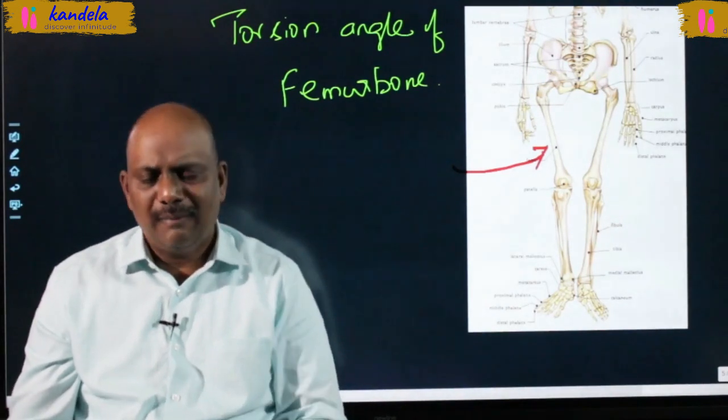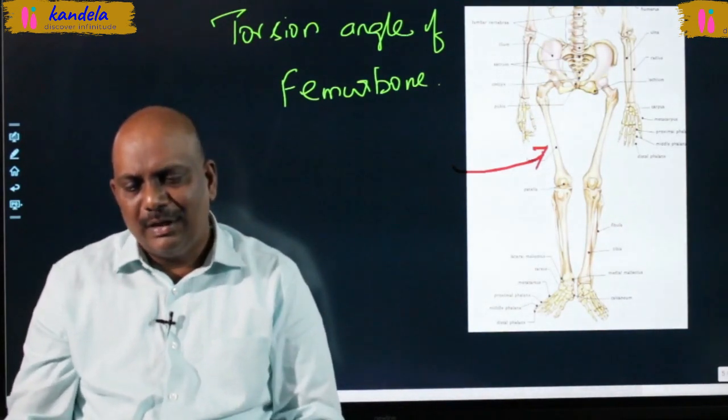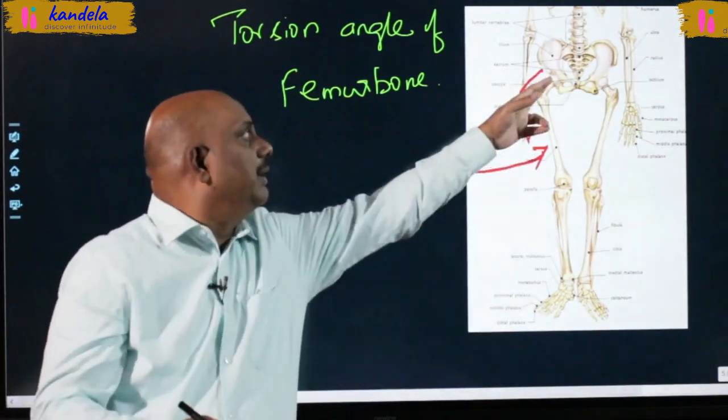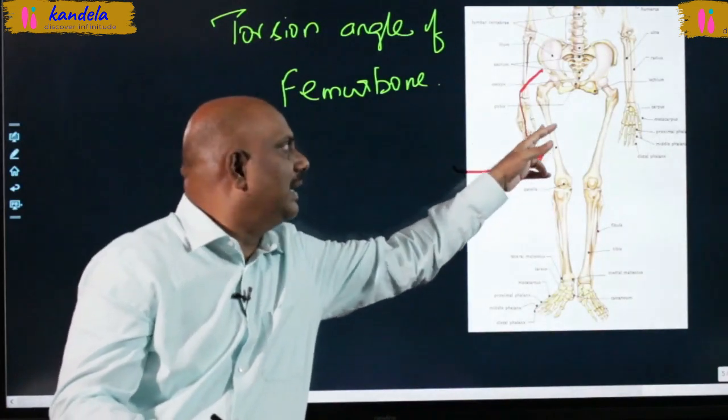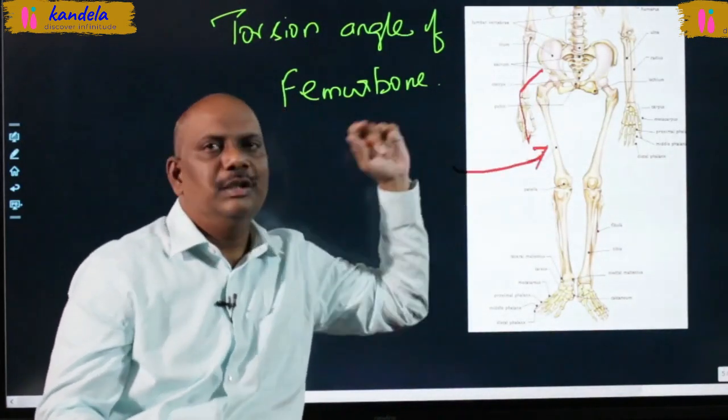Look at the way in which this bone is attached to the pelvis. It is not straight. Can you see there is an angle at which the bone is attached?